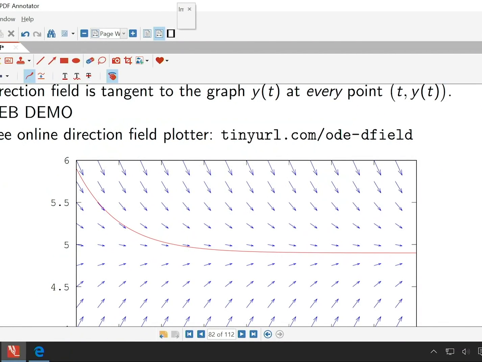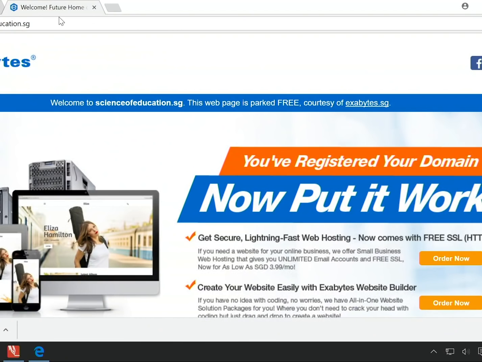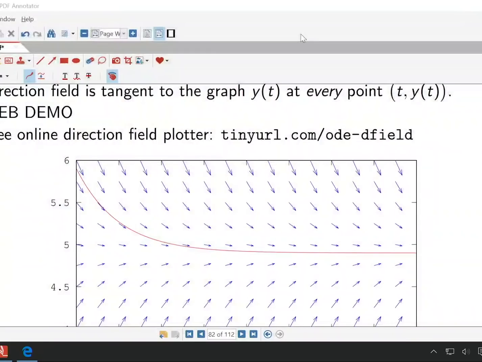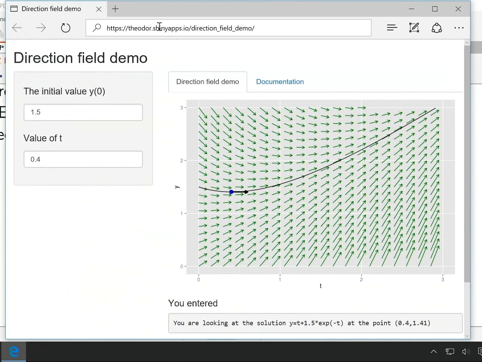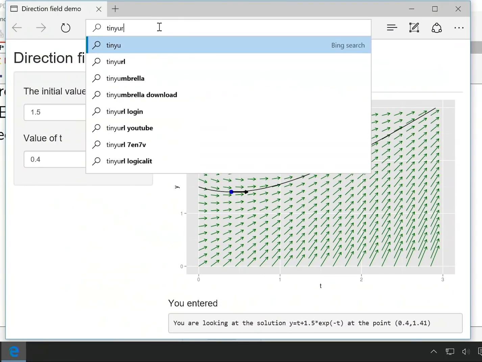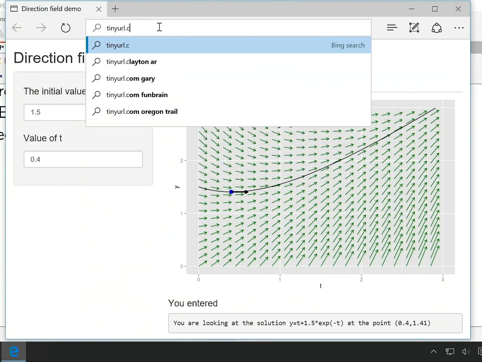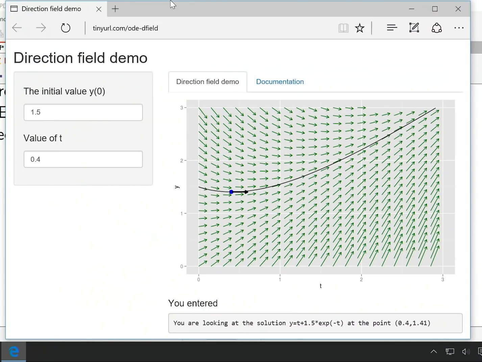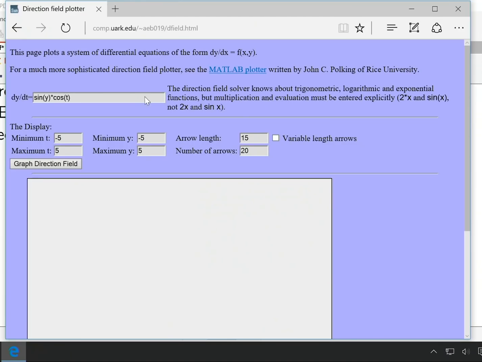It is at tinyurl.com/ODEfield. Okay, let me find it.